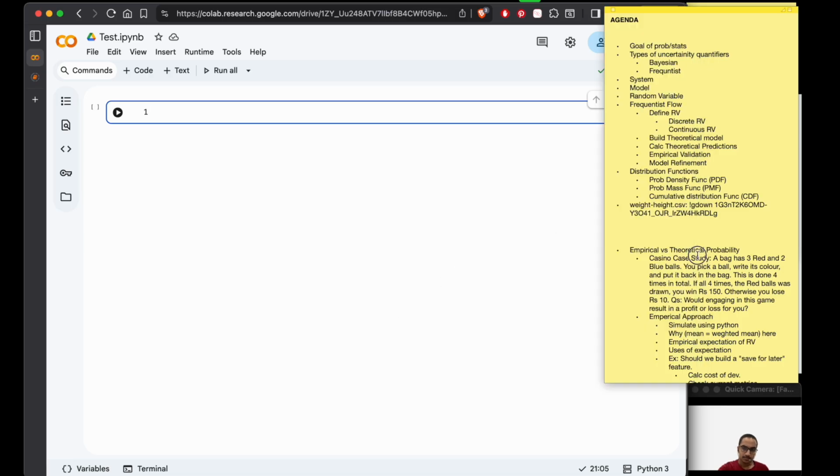So, previously, we discussed the goals of probability and statistics. We discussed all about this part, right? Types of uncertainty, then what is a system, what is a model, random variables, how to pick random variables.